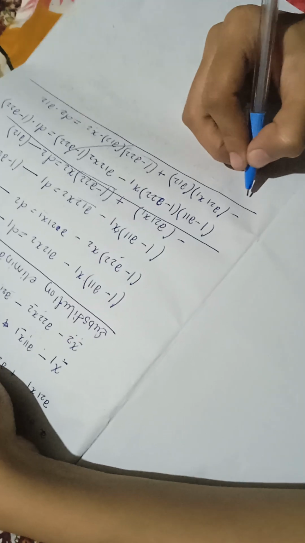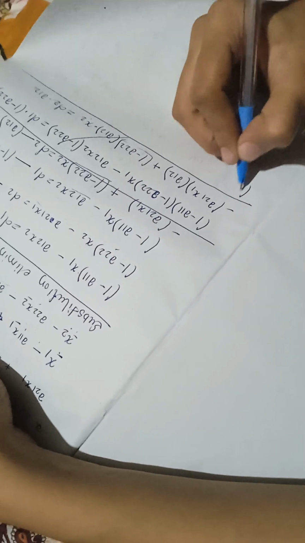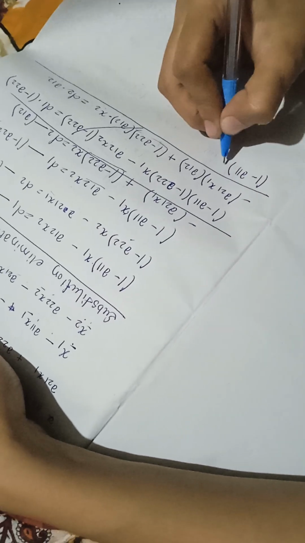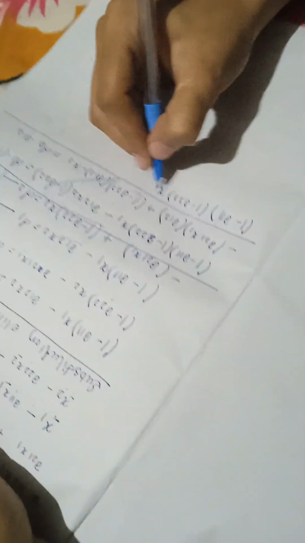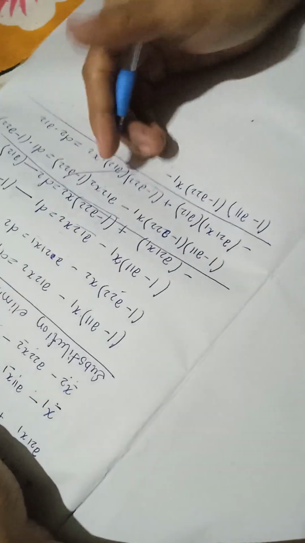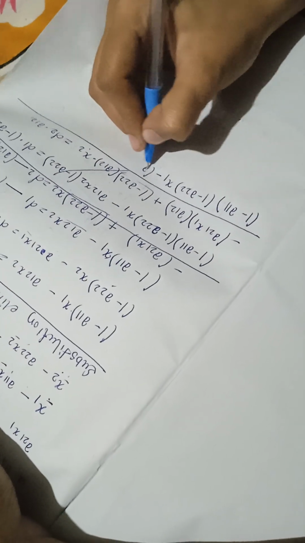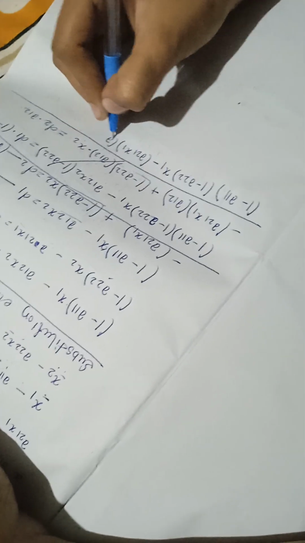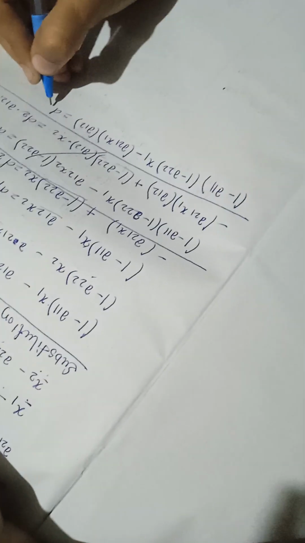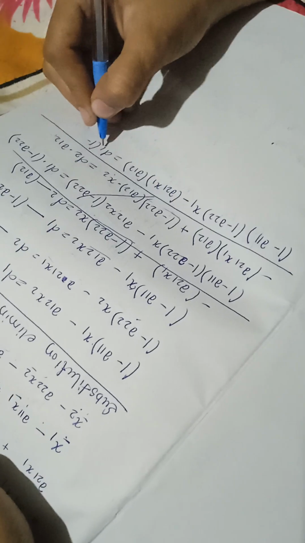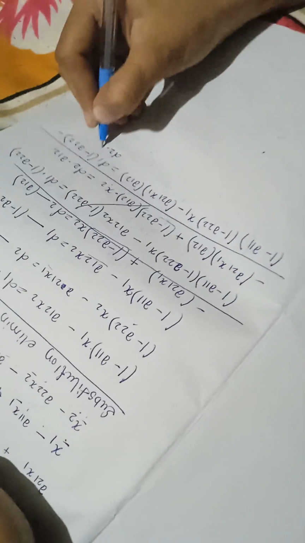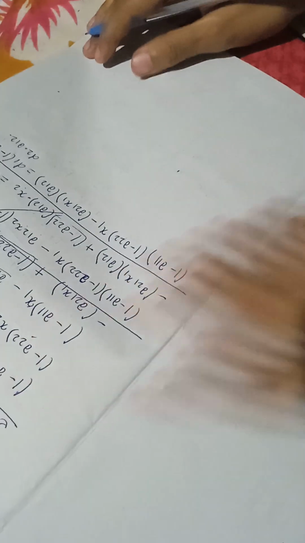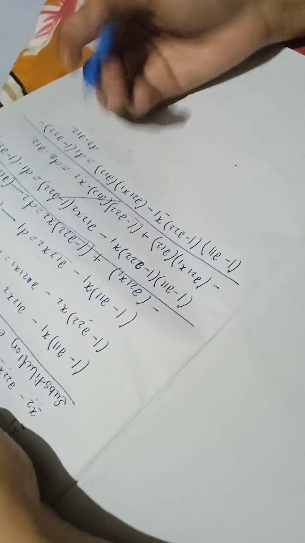Let's see what we have now. (1 minus a11) into (1 minus a22) x1 minus a21 x1 into a12 equals d1 (1 minus a22) plus d2 a12. Now we can factor out x1 from this.